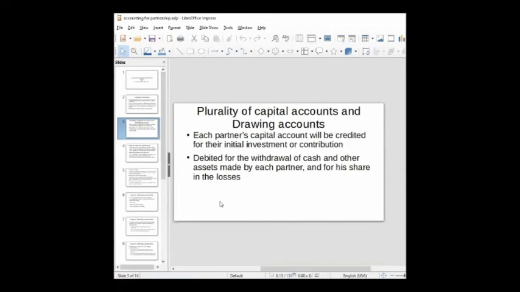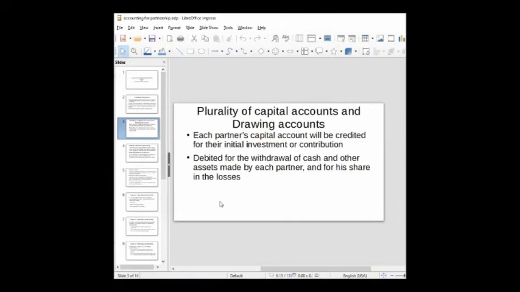So you will debit cash 100,000 and credit the capital account of A as 100,000, another cash 100,000 for the credit of capital of Mr. B, and another 100,000 for the capital contribution of partner C. So therefore, each partner of the partnership has their own capital account.